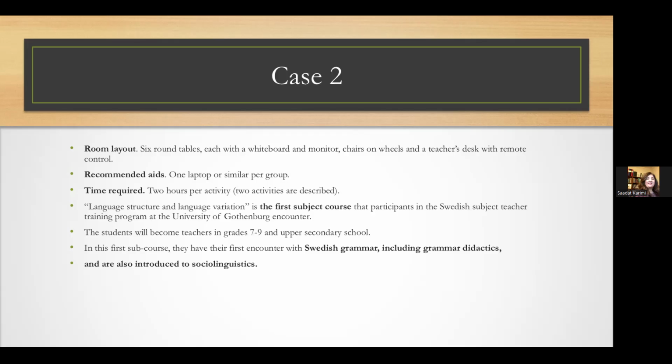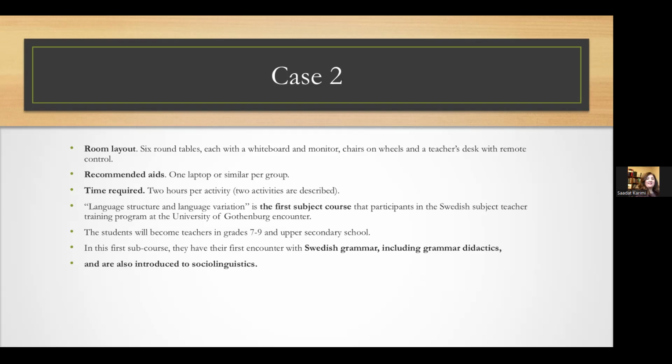So, objectives of the ALC activity. Language Structure and Language Variation is the first subject course that participants in the Swedish subject teacher training program at the University of Gothenburg encounter.